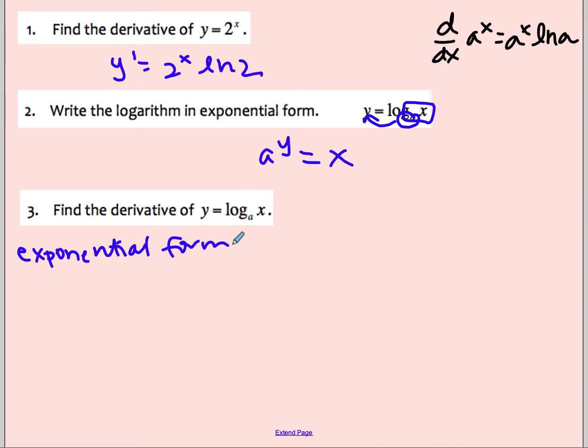So I'm going from here to exponential form, so it'd be a to the y is equal to x. Now I'm going to take the derivative. One thing I notice is I have a to the y is equal to x, so this is an implicit formula. I don't have y equal, so it's implicit, and I'm going to use implicit differentiation.